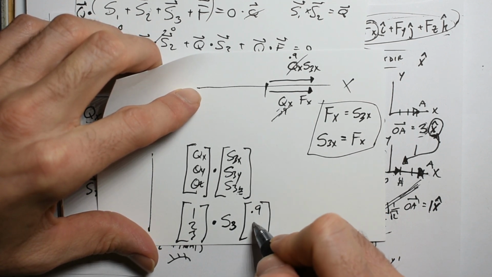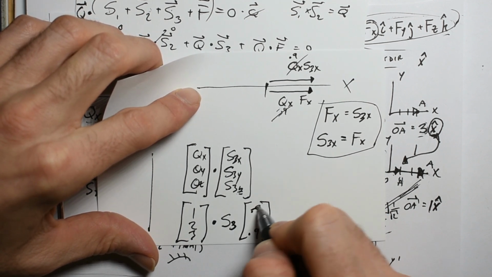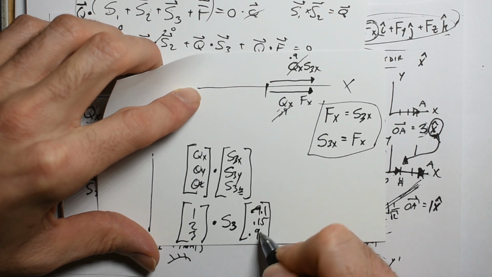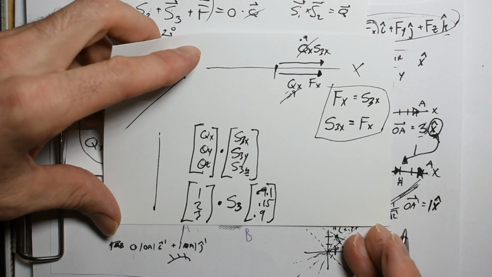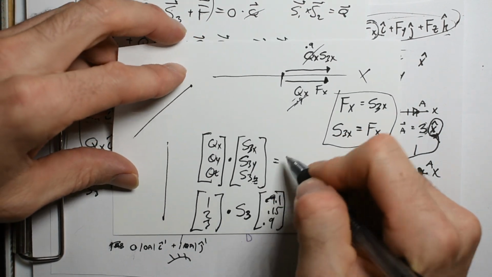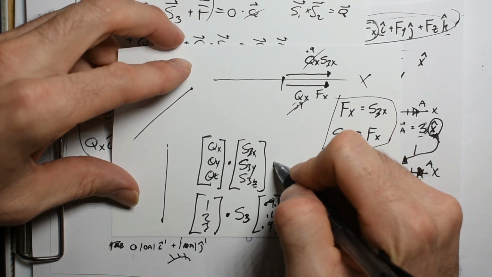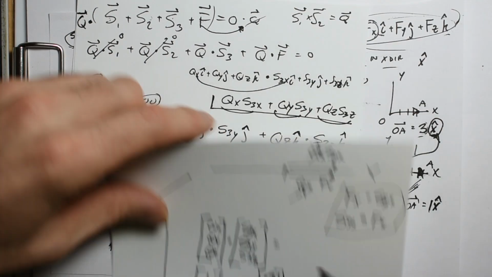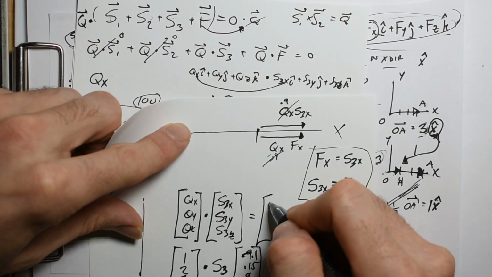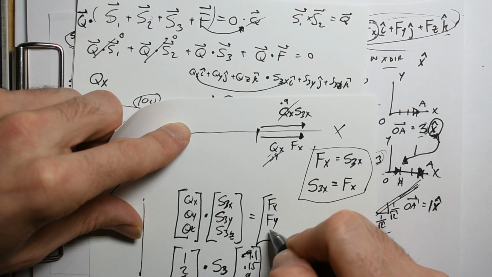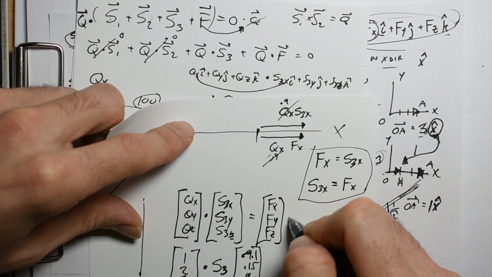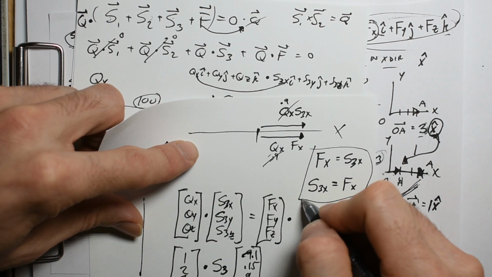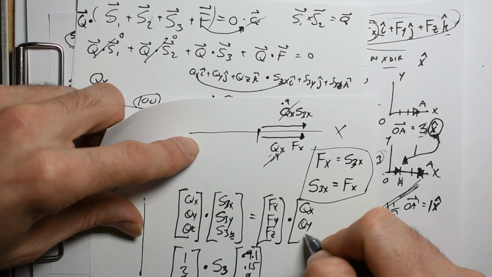So like 0.1, 0.15, 0.9, something like that. And then this was going to equal, or let's say your F is just on the other side, so you have Fx, Fy, Fz. Now we're going to dot that with that Q vector, Qx, Qy, Qz.